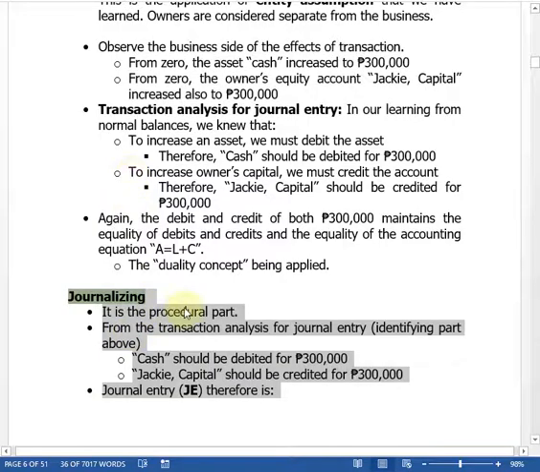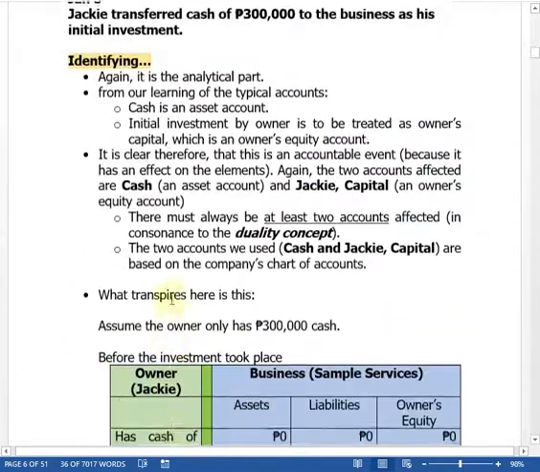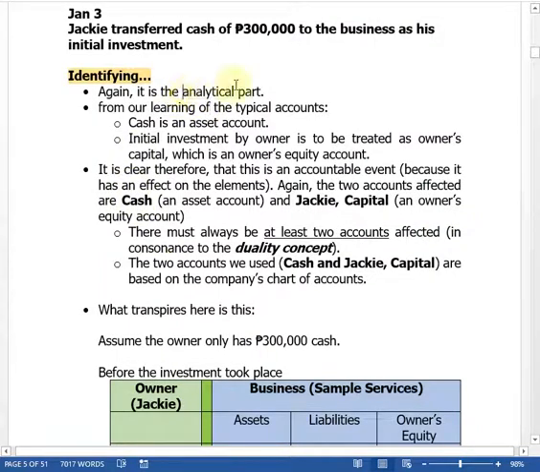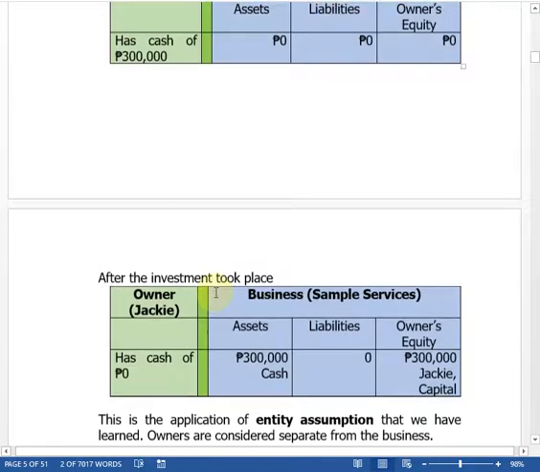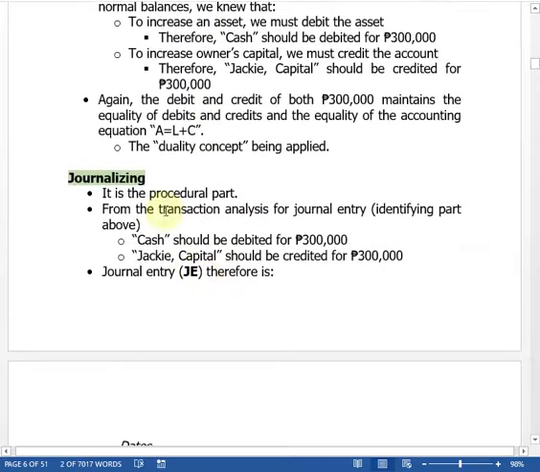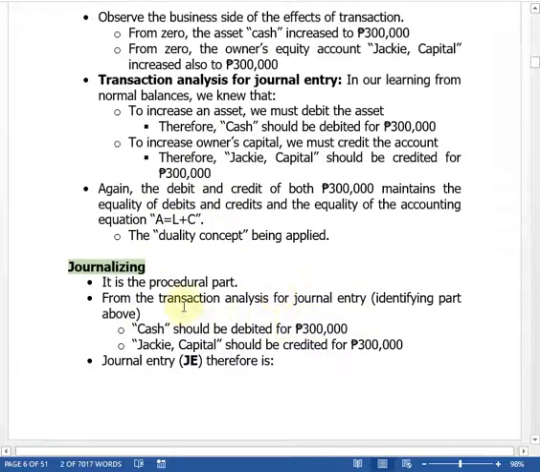So this is now the procedural part. Identifying is, as I have said above, the analytical part. Now we go to the procedural part, the bookkeeping part. Okay, so from the identifying part, we said that cash should be debited by 300.